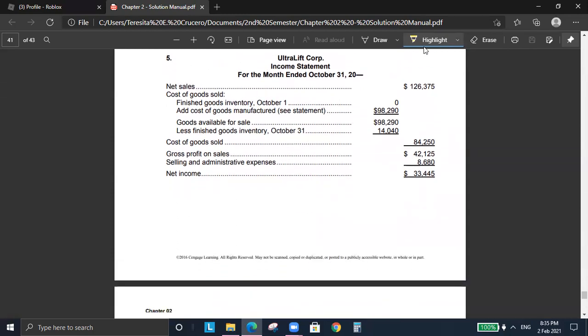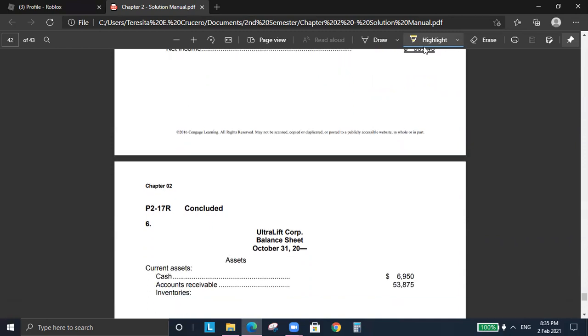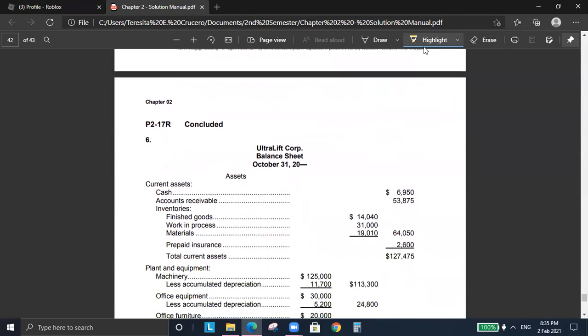We have the net income. Finally, the last requirement in the problem is a balance sheet. We have the balance sheet with assets, including cash that you can find in the T accounts. Then we have the accounts receivable, then the inventories: finished goods, work in process, and materials.